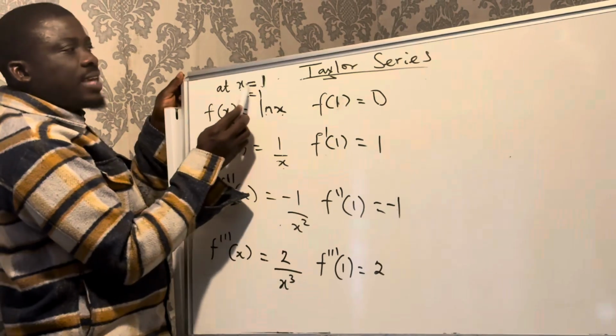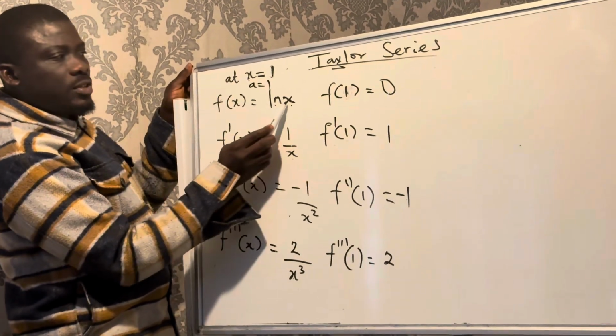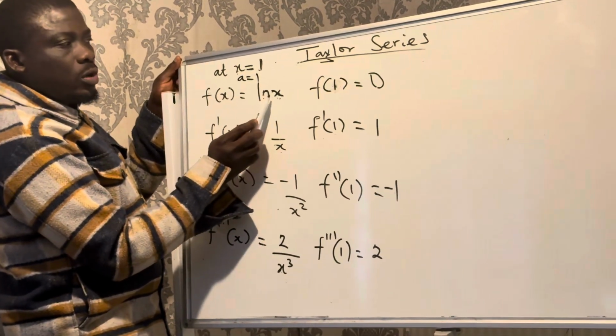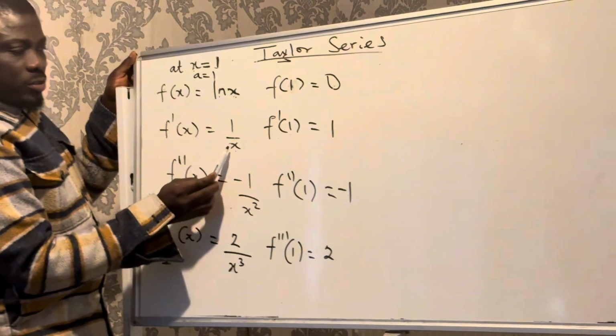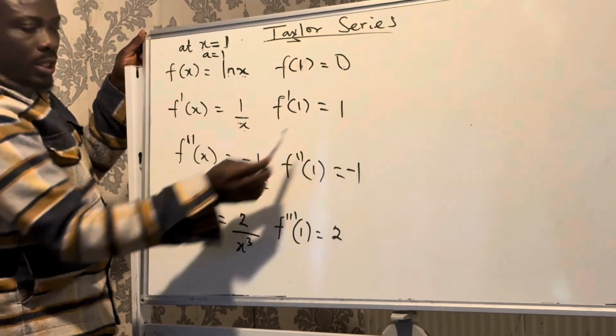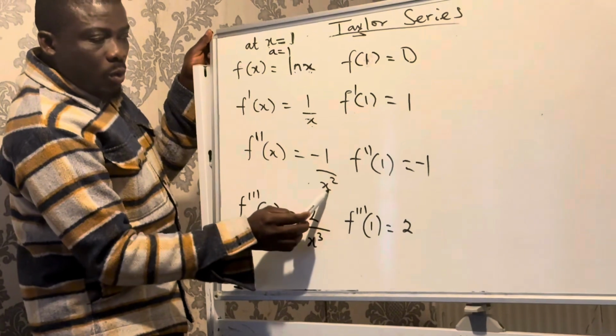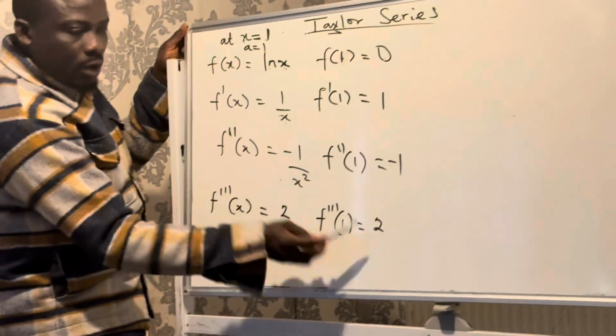Now, since s equals 1, anywhere you see ln s here, we put 1. So ln 1 is 0. Putting 1 here, 1 divided by 1 is 1. Minus 1 all over 1 will give us minus 1. And here we have 2.